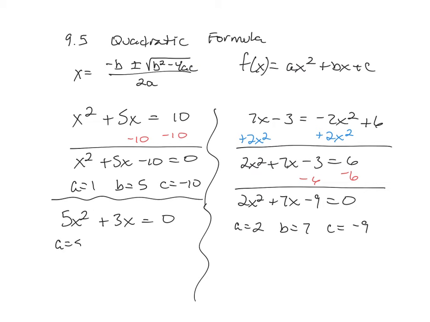Well, then a is 5, b is 3, and c is 0, because there's not like a c part. It's not the 0 at the equal 0. There's no c part after the 3x. So if there wasn't a 3x there and it was just a 3, then the b would be 0 and the c would be 3. So if there's a part missing, you're just going to put 0 for that part.